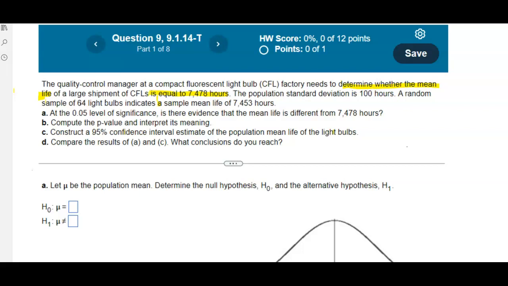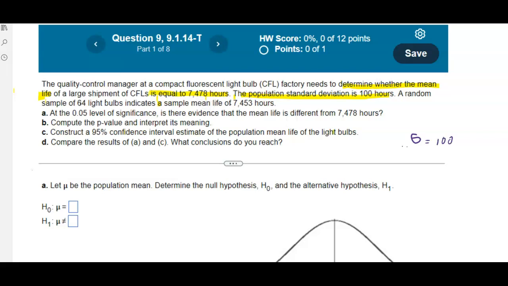For this purpose we are using sigma. The population standard deviation here is 100, so sigma is known, which is 100.